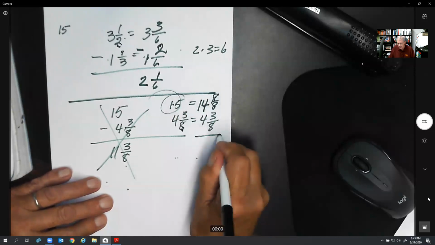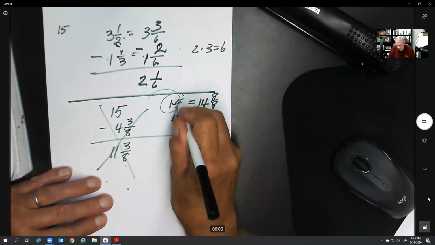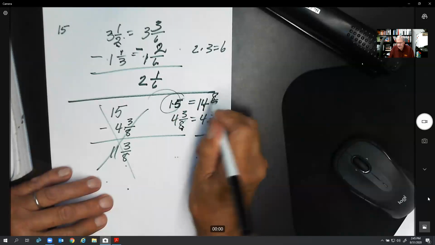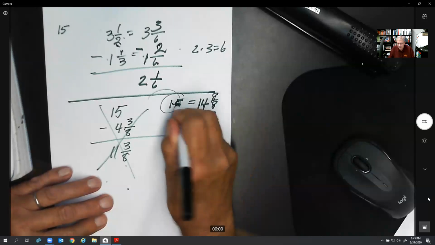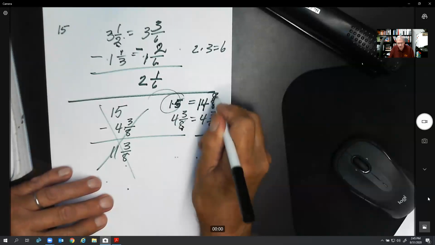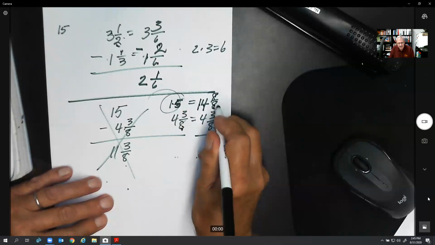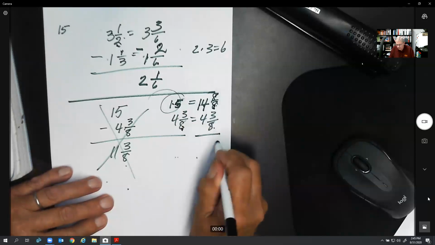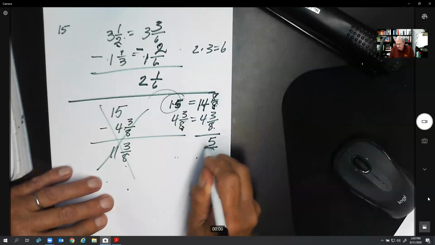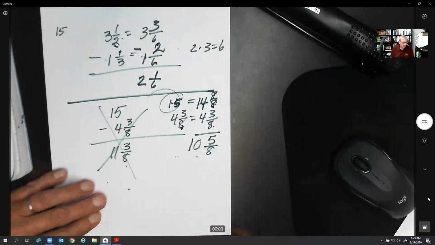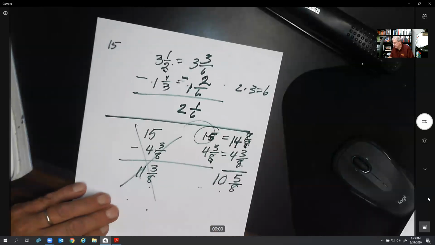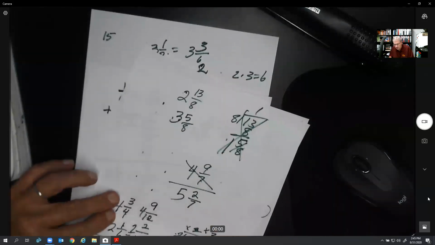Now I have something I can subtract from. I'm borrowing from the 15, making it 14, but when I borrow, I create a fraction with the same denominator as 8ths. 5/8, 10. 10 and 5/8. You see, it doesn't have to be super hard.